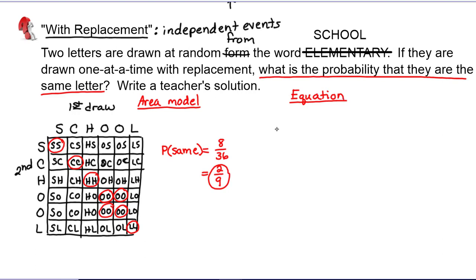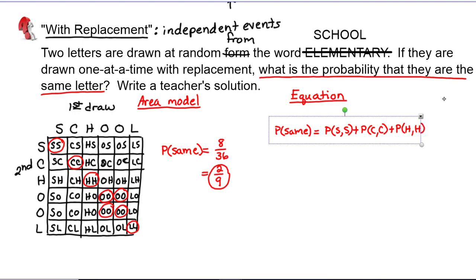Okay, so the probability of the same is going to equal the probability of an S and an S, plus the probability of getting a C and a C, plus the probability of getting an H and an H, plus the probability of getting an O and an O, plus the probability of getting an L and an L. Now, why did I only write the O's one time?